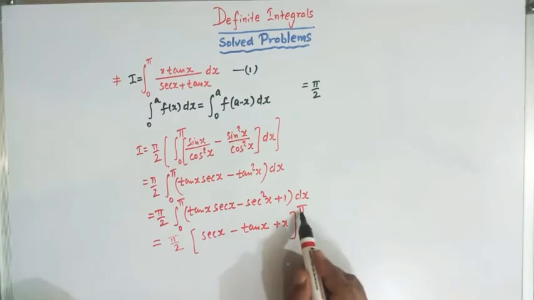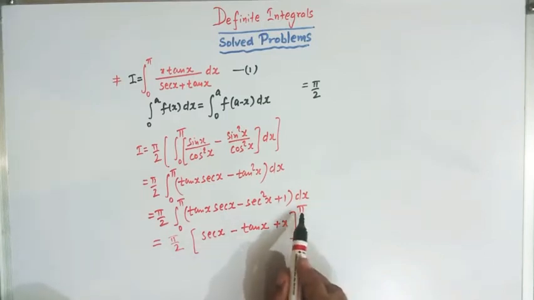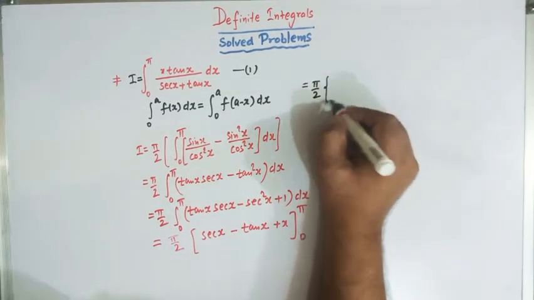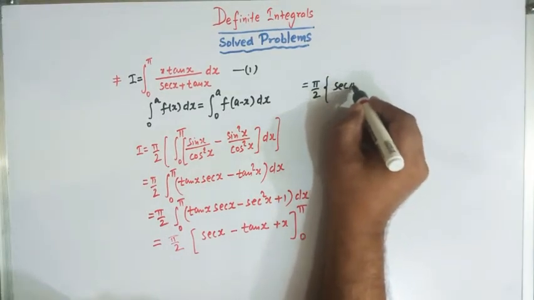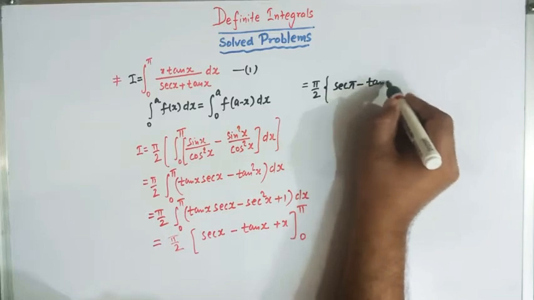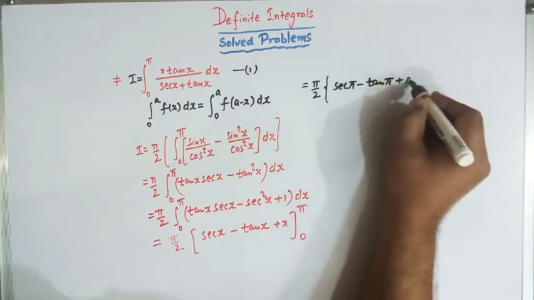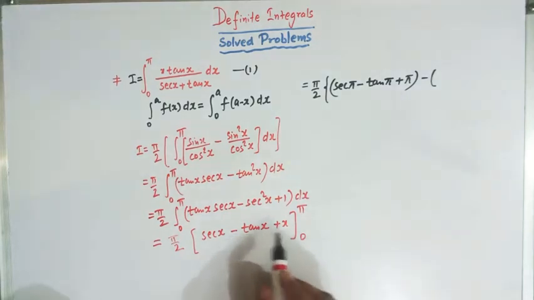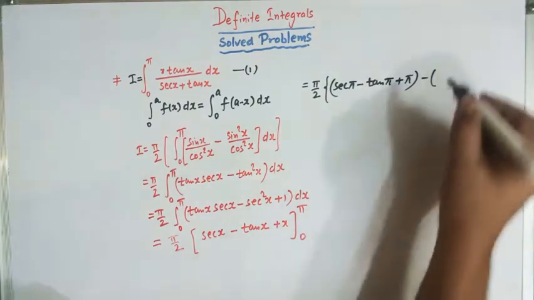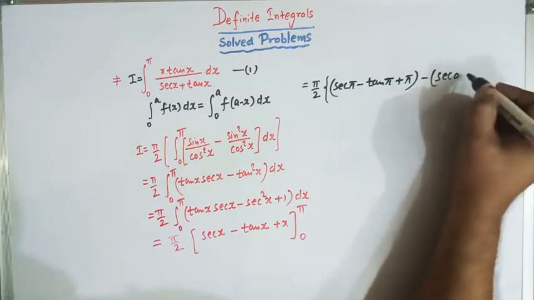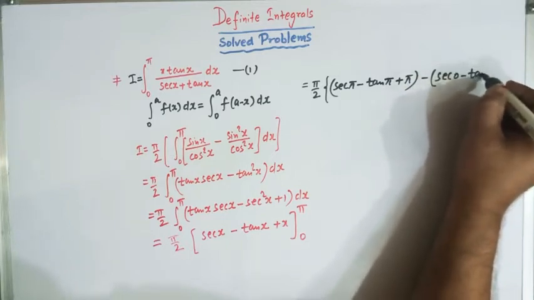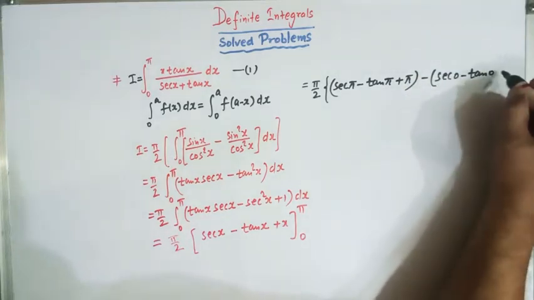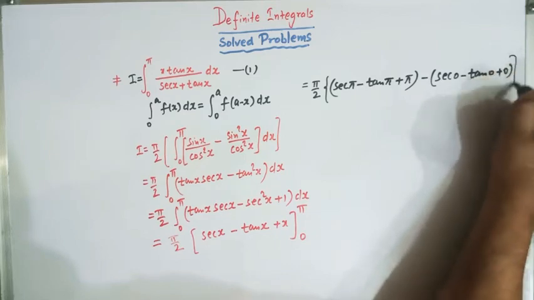Now substituting the value of pi here, we have sec pi minus tan pi plus pi, and then substituting 0 for x, we have sec 0 minus tan 0 plus 0.